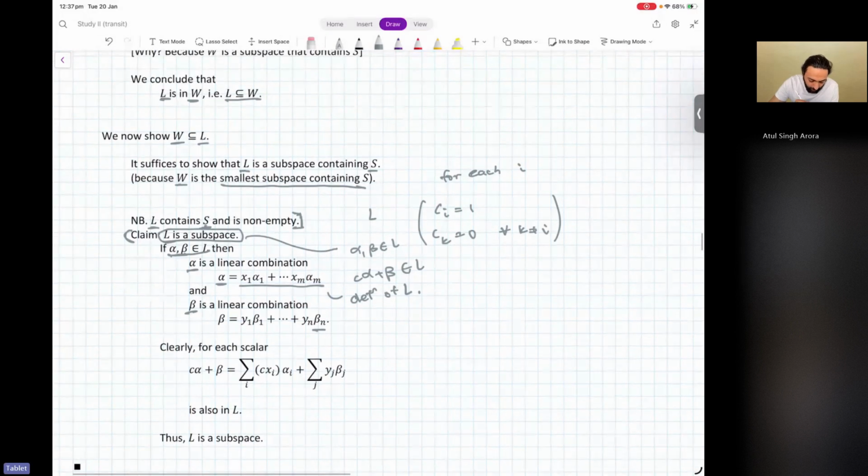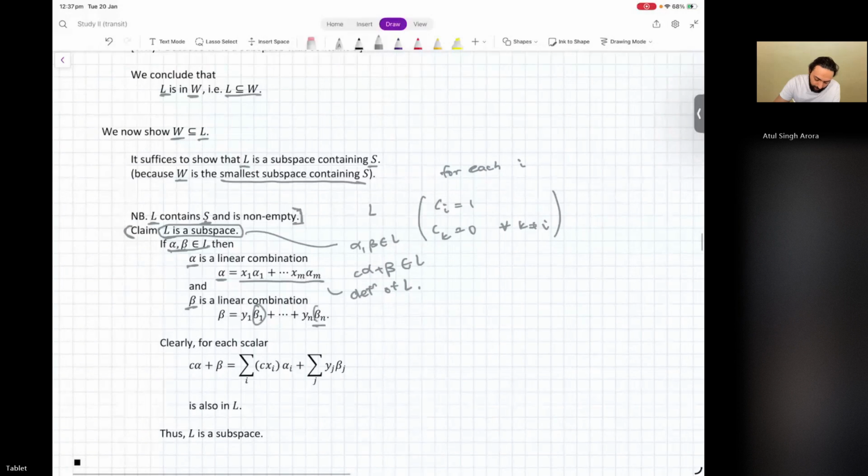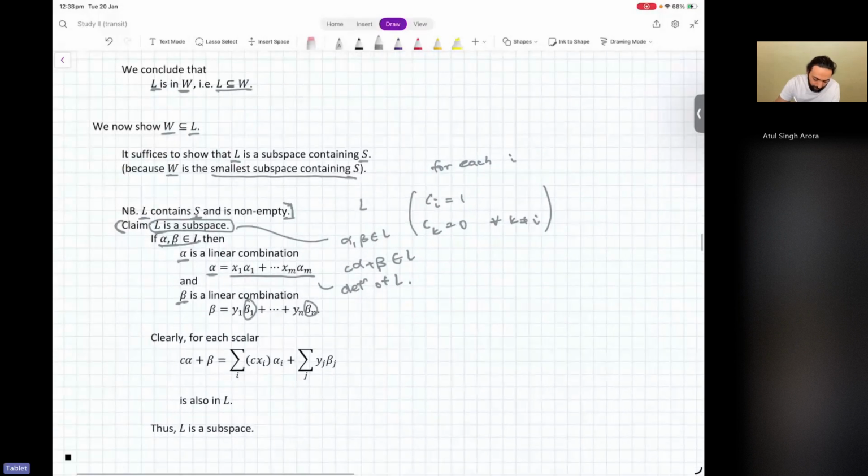Wait, but what is beta? I thought it was just alpha. I'm getting confused now. So we're writing beta as linear combinations of the alphas. I think we can just write it as y1 alpha 1 and so on, since the alphas represent the vectors. I don't know why I wrote it as beta. Doesn't change the argument, but this is something I need to double check.